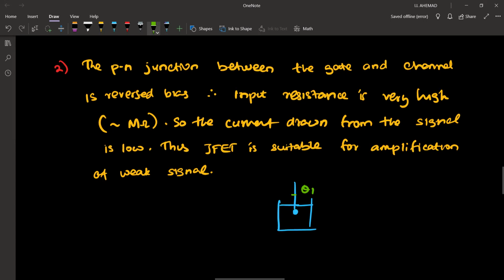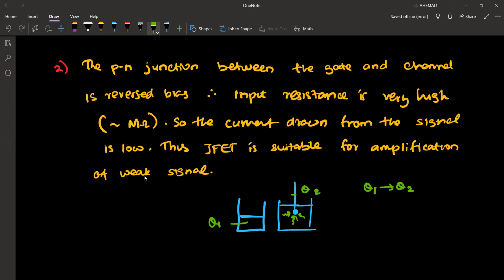But the thermometer will absorb energy from the liquid, so the temperature will go down from theta 1 to theta 2.